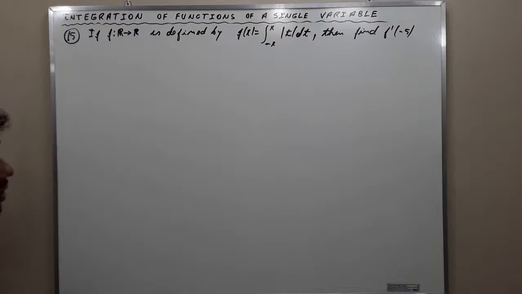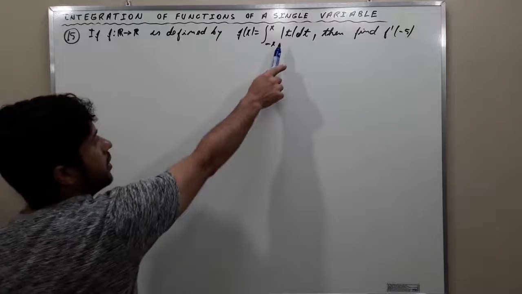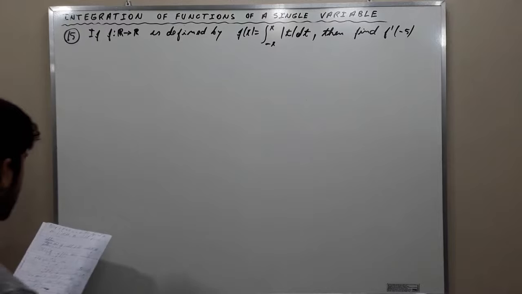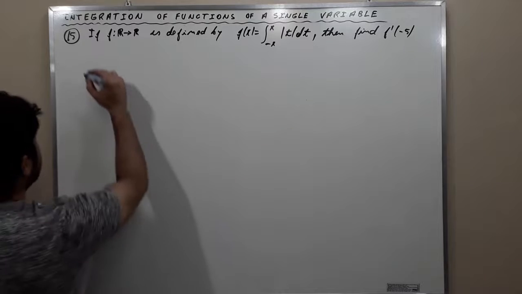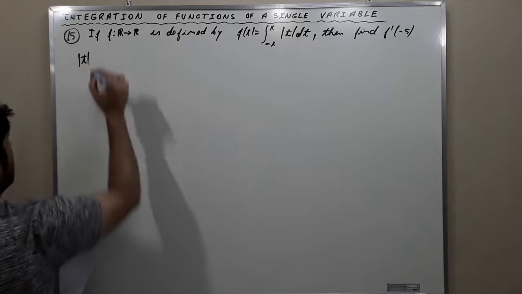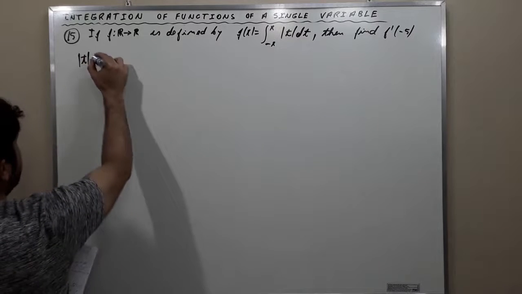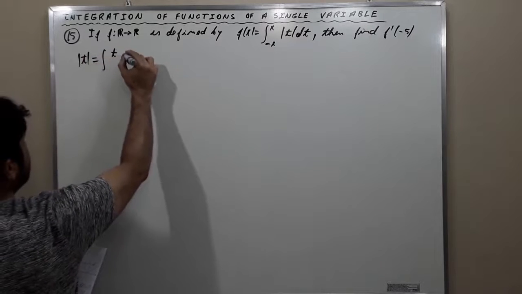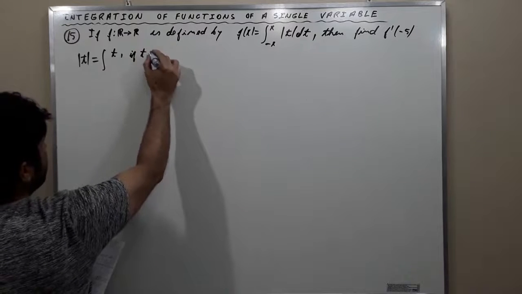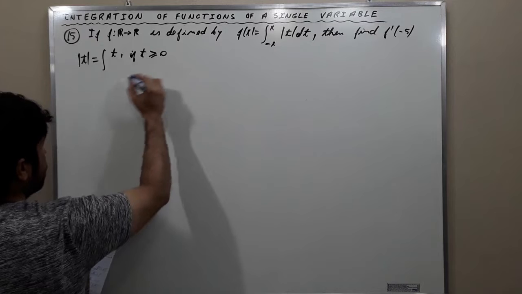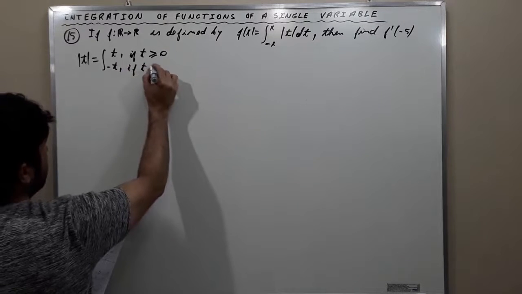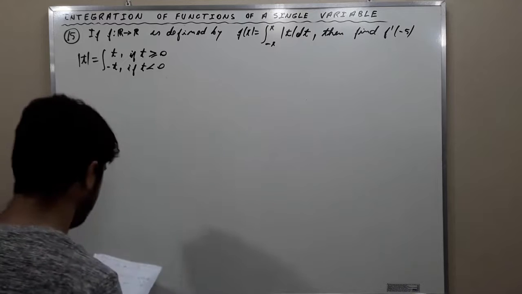First of all, let's comprehend this function here, the modulus function, or the absolute value. The modulus function is of the sort: the absolute value of t is equal to t if t is greater than or equal to 0, or negative t if t is less than 0.